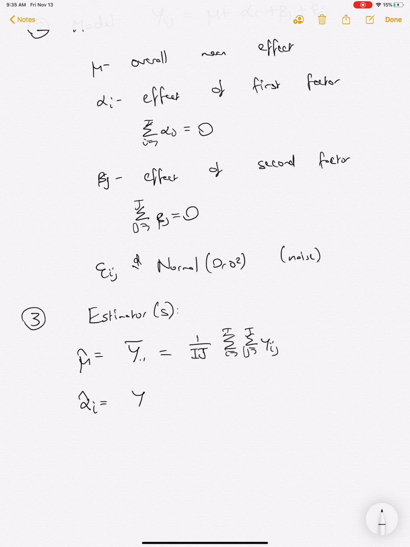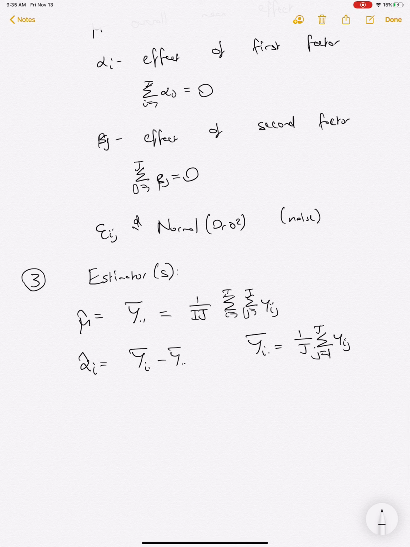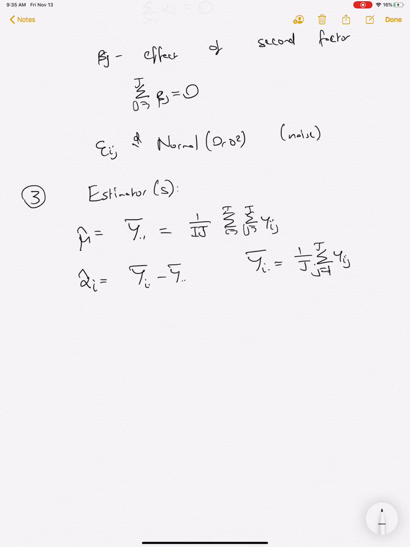The alpha hat i is just as we did before. We have the mean of the group, which is the average of yij, and then you need to subtract off the overall mean because it's the overall effect. This is the group effect. And then for beta hat j, we get something similar, but instead we're taking an average over the second component.